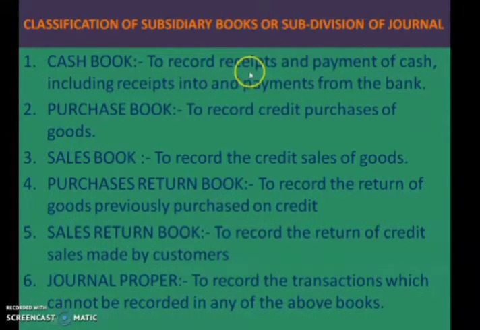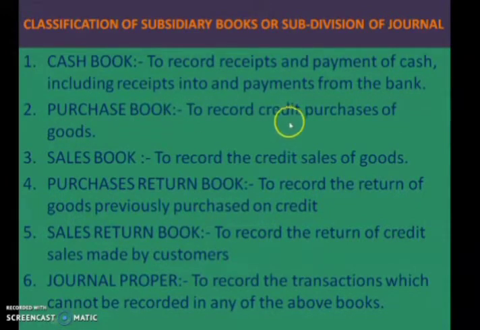Receipt means when we get cash in our business, and payment means when we pay cash, that is, cash is moving out of the business, including receipts into and payments from the bank. So in the cash book we maintain both receipts and payments of cash as well as receipts and payments of cheque.